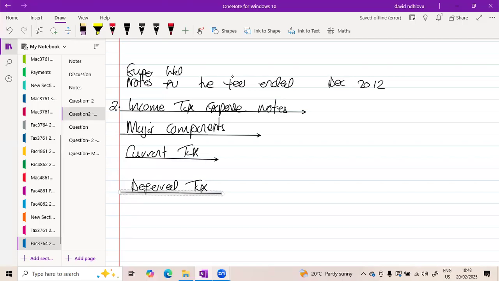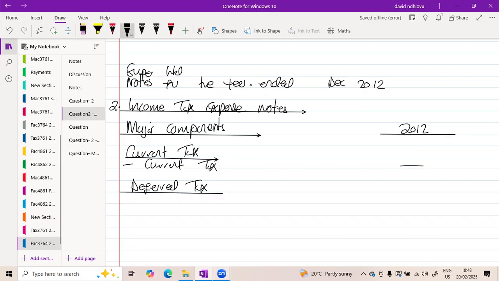So if you have a tax loss in a particular year, you won't have any current tax. Are we very clear on that, good people? Yes, David, as long as you have a tax loss, you won't have any current tax.